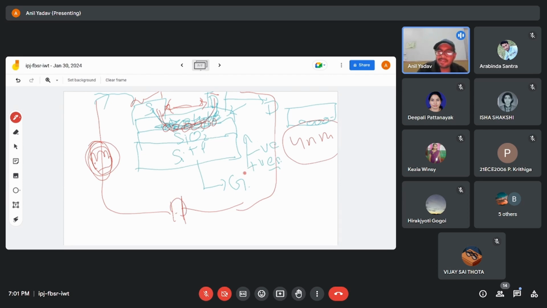How is the LED controlled? The brightness of the LED can be controlled by the amount of current flowing through the transistor, and this amount of current can be controlled by the bias that we apply at the gate.